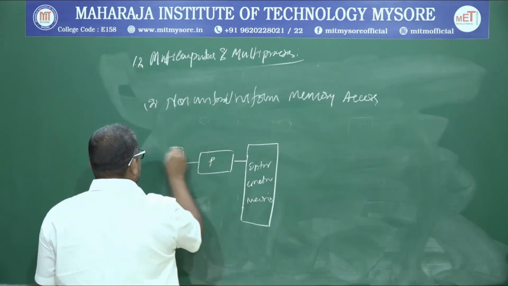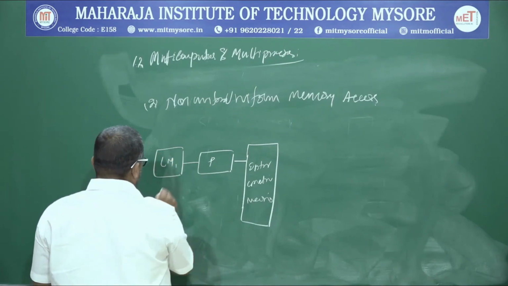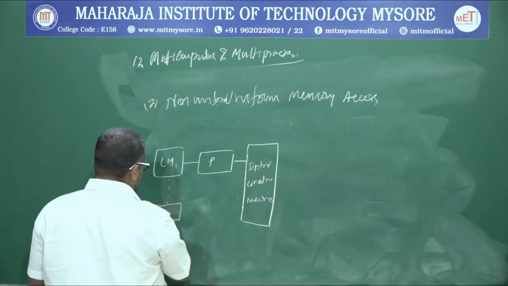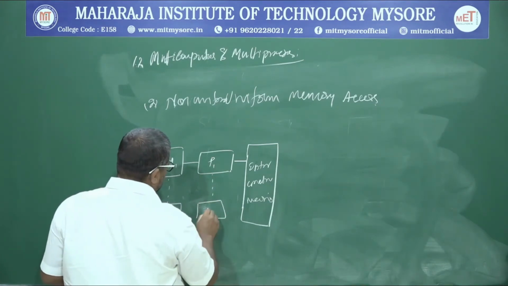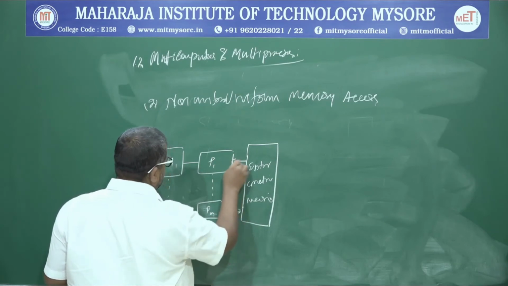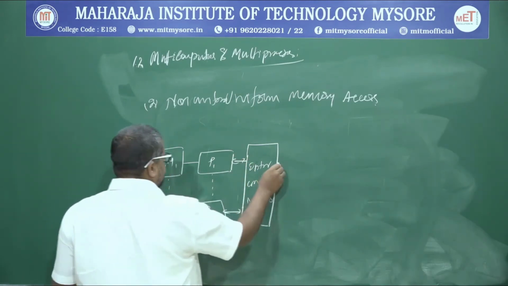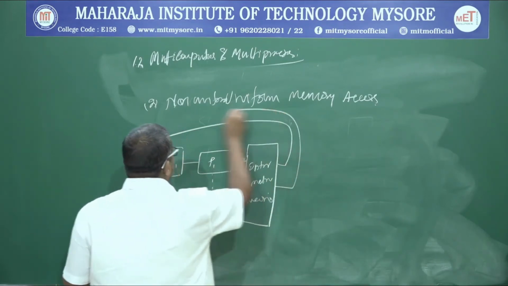To the processor again you have got local memory, like that you have got N, and then processor 1, processor N, right. This is connected to this.